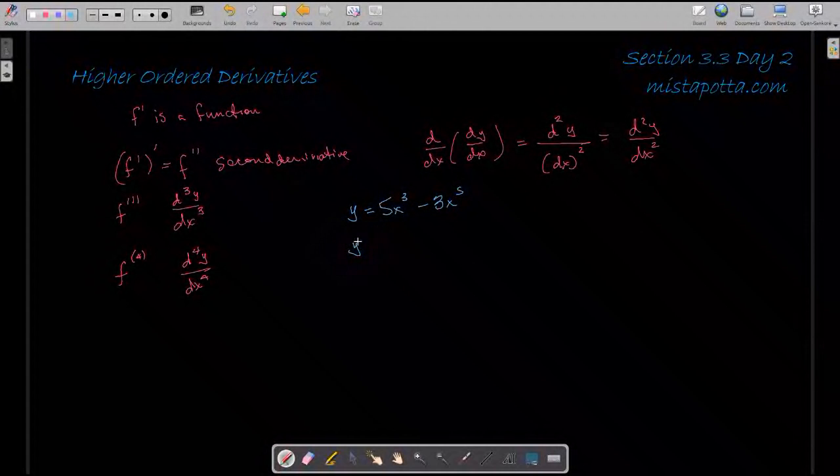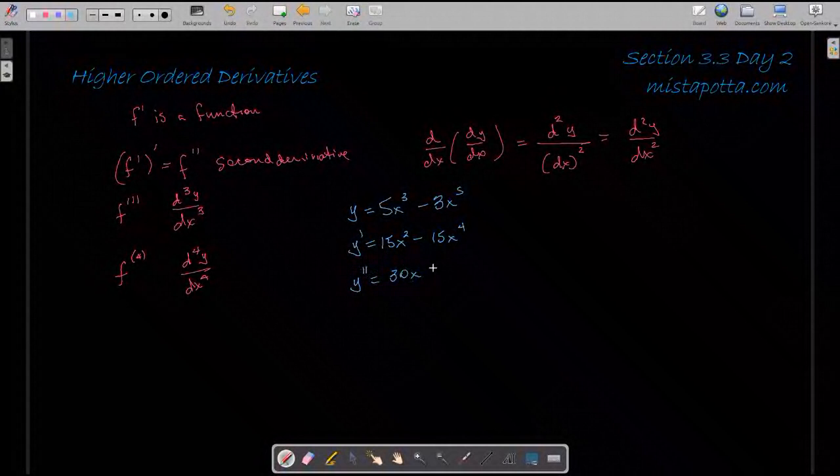So the derivative using the power rule would give me 3x squared times 5 gives me 15x squared, and 5x to the fourth times 3 gives me 15x to the fourth. My second derivative would be 30x minus 60x cubed.